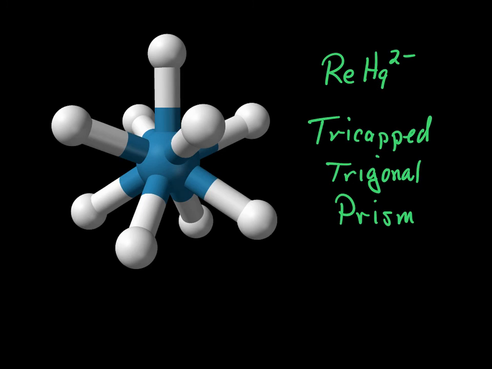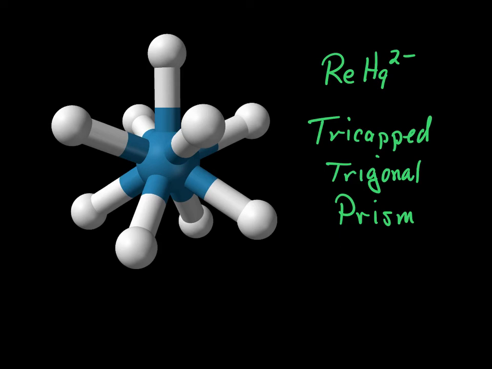You can create a rhenium nonahydride dianion, right? That creates a structure called a tricapped trigonal prism, which is a little hard to see. But it took me a while to realize it's 3 trigonal planar structures.